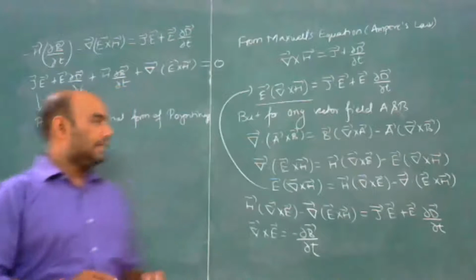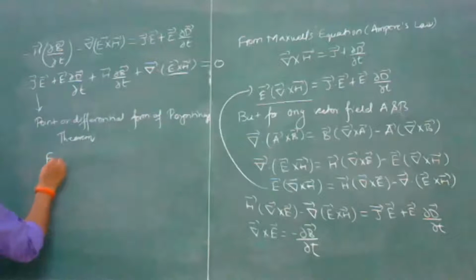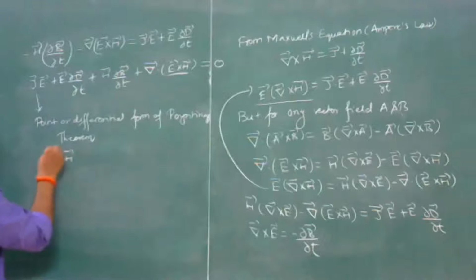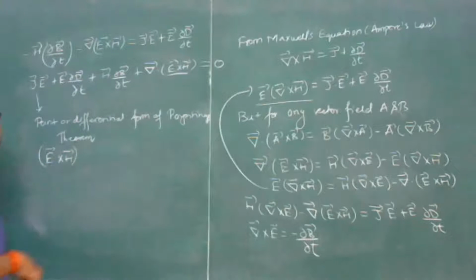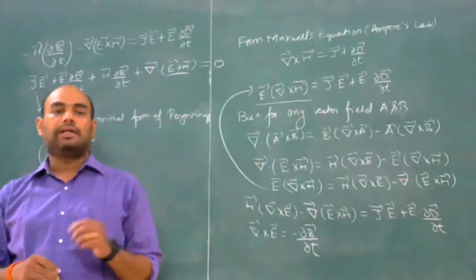The vector E cross H has units of power density.